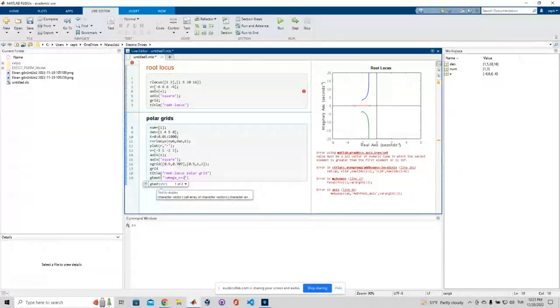So here with sgrid, you are gonna plot your omega damping ratio in a root locus function. So the first, let's say for the sgrid, what was our omega in this function?